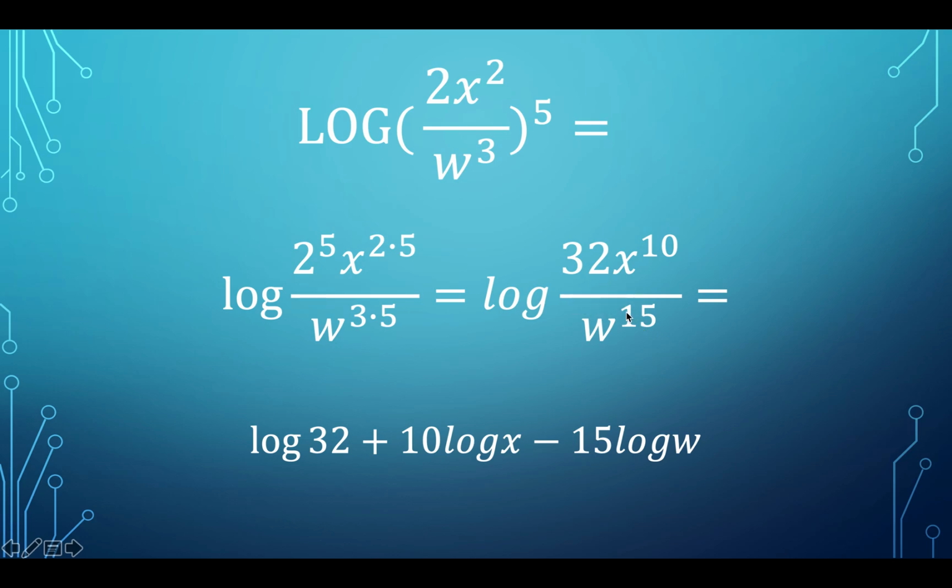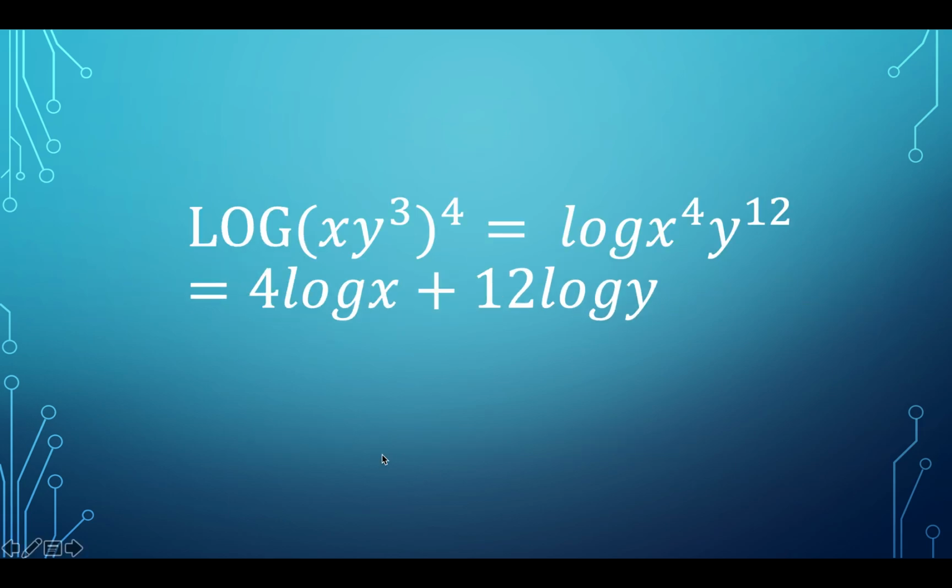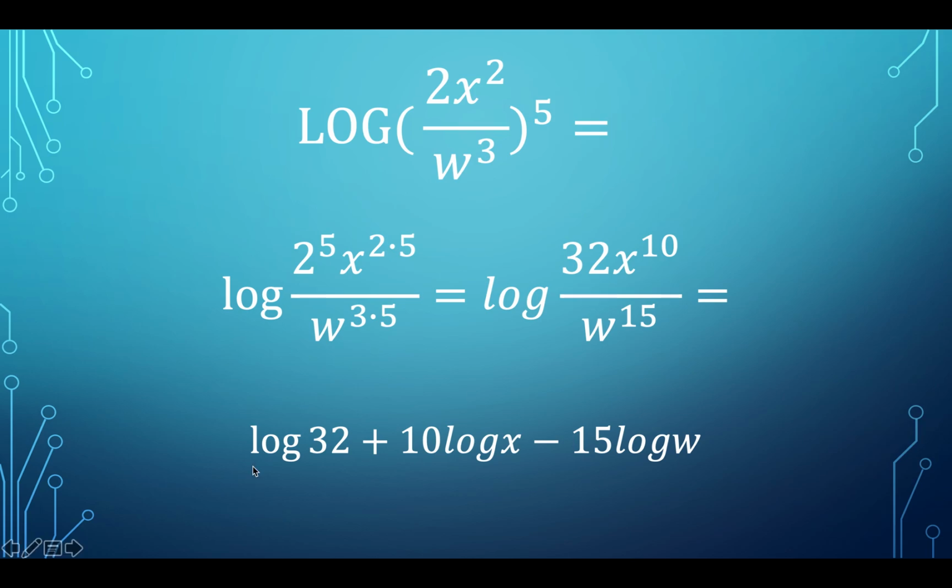Now we got the division, so it's minus 15 log w. So final answer, log 32 plus 10 log x minus 15 log w. What's important to know is every single term we've expanded, all of them have what? They all have log in between. So in all of the answers, you're going to see log written a bunch of times.